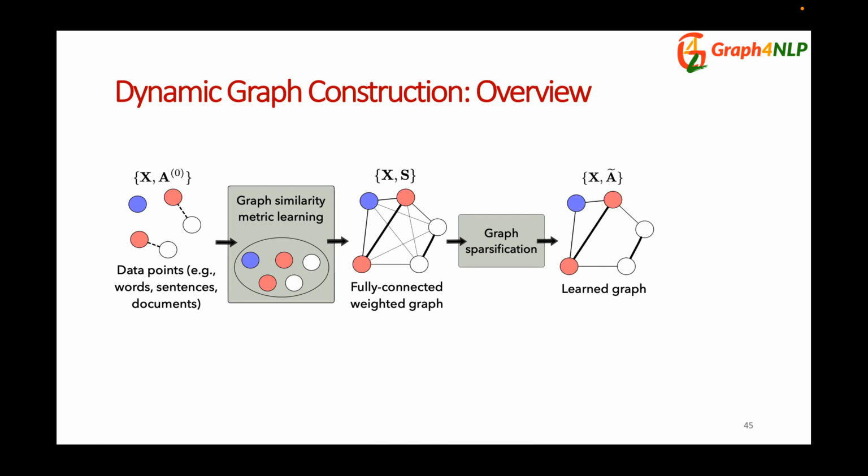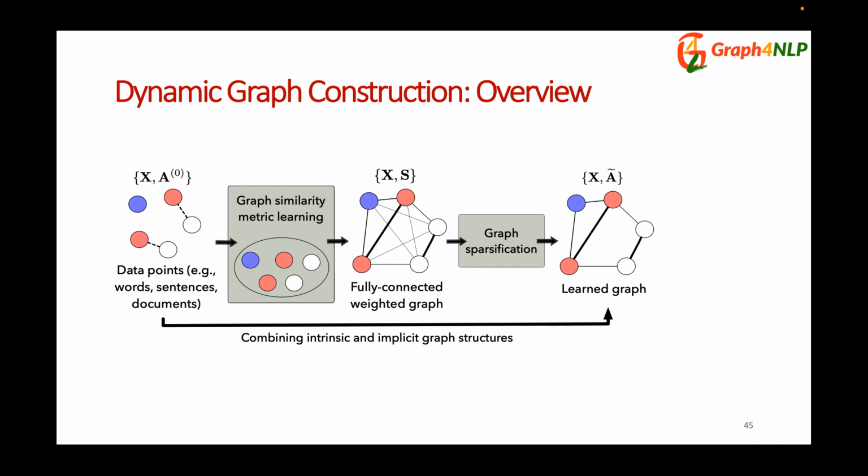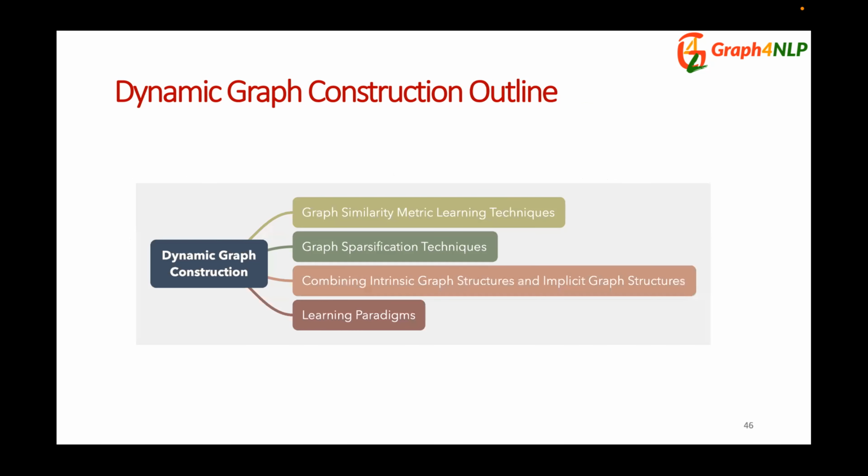If the input data is not only data points but also an intrinsic graph containing edges, we can also optionally combine the intrinsic graph and the learned implicit graph to form an augmented graph. The output graph will be consumed by a subsequent GNN-based module to learn graph representations and produce task-dependent outputs. Next, we will introduce each of the four dynamic graph construction techniques, which we summarize from the existing practice of their applications in the NLP field.